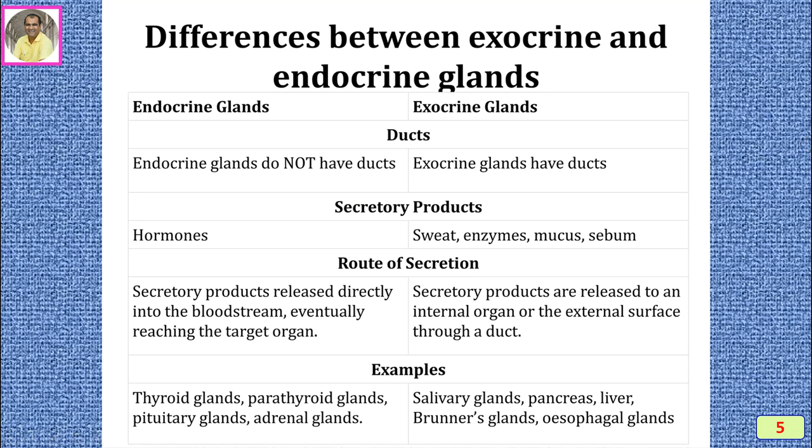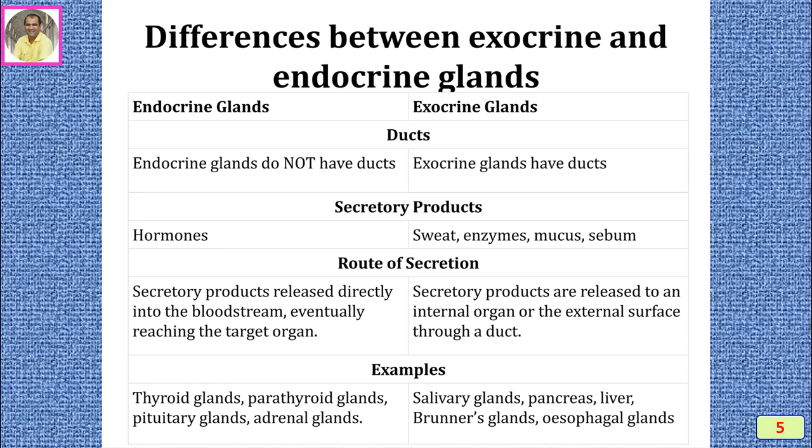Endocrine glands release their products directly into the bloodstream, eventually reaching the target organ. They are in close proximity to blood vessels and release within a flash of seconds. Exocrine secretory products are released through a duct to an internal organ or external surface, for example, sweat.